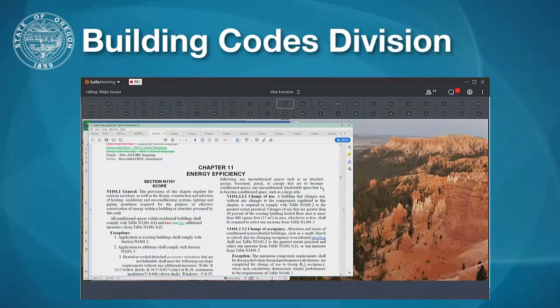NEEA's proposal intends to bring the 2021 Oregon Residential Reach Code into alignment with the goals set by Executive Order 17-20. That is, to achieve at least equivalent performance levels to the DOE Zero Energy Ready Home version 6 specifications by 2023.